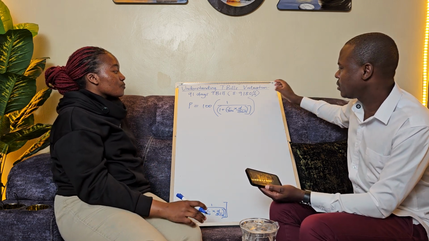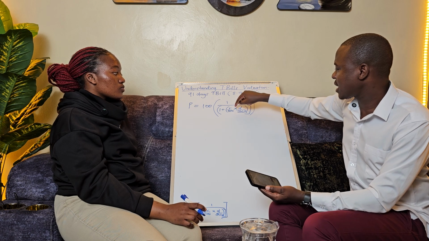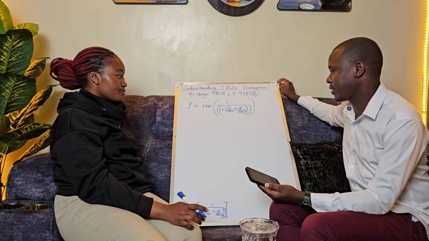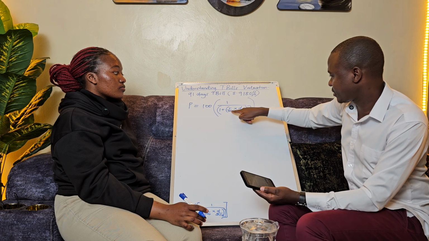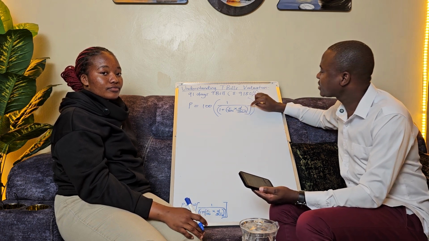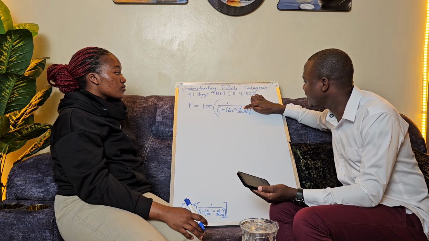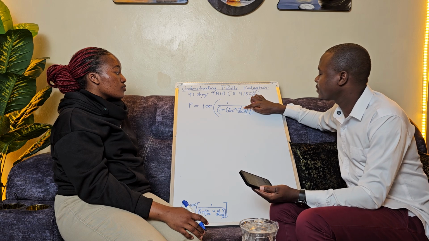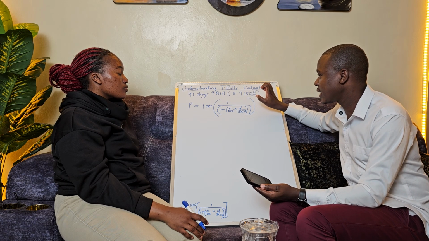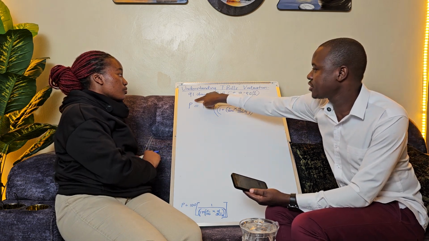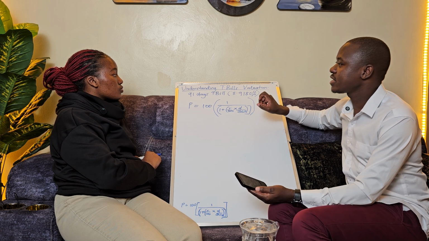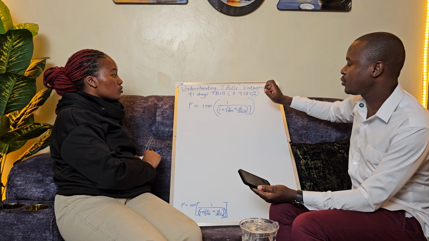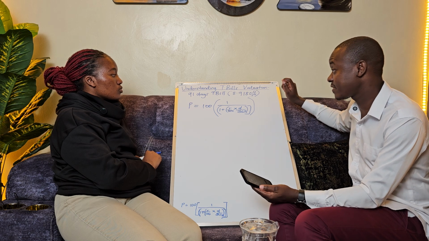Okay. So then this R is the rate. Okay, this R is the rate, and of course it is percent, so it is over 100. Then this D stands for the days to maturity, right? So what is the day to maturity? 91. And then this 365 is the assumption that that year is having 365 days.